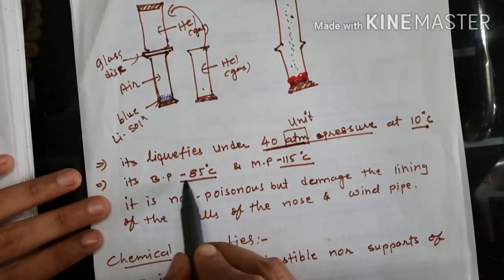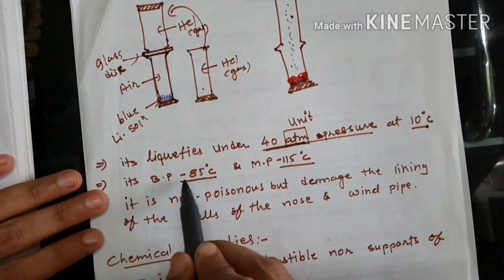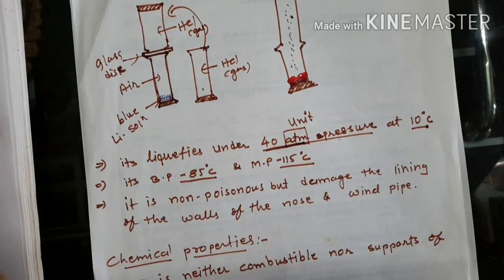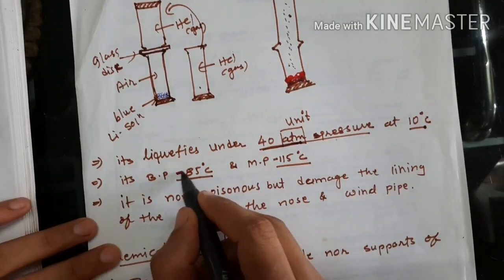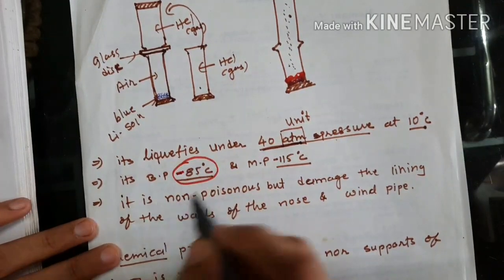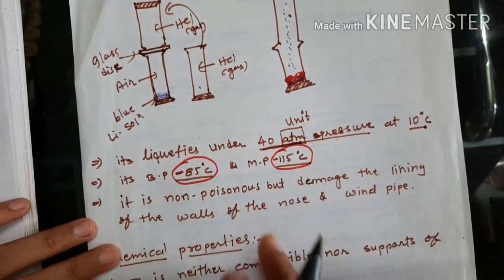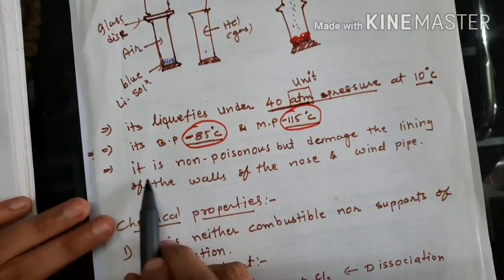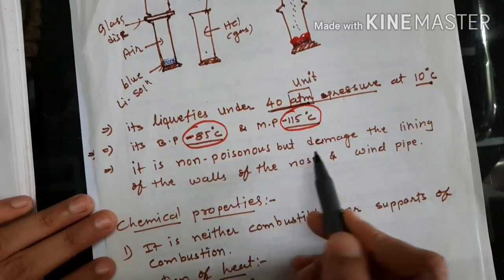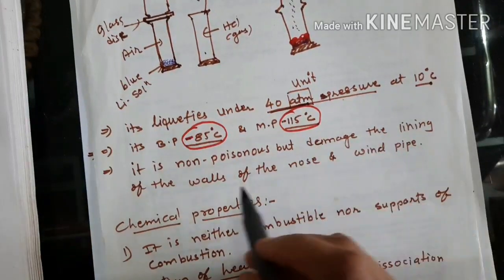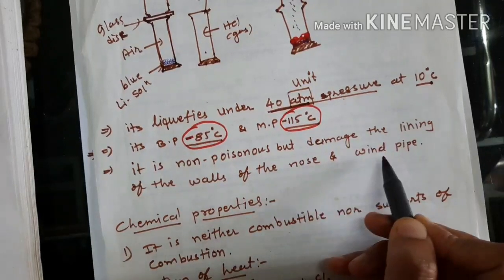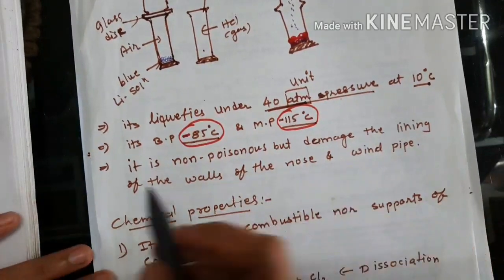HCl has a boiling point of -85 degrees centigrade and a melting point of -115 degrees centigrade. Then HCl is non-poisonous, but it damages the lining of the wall of the nose and the windpipe. So those are the physical properties.